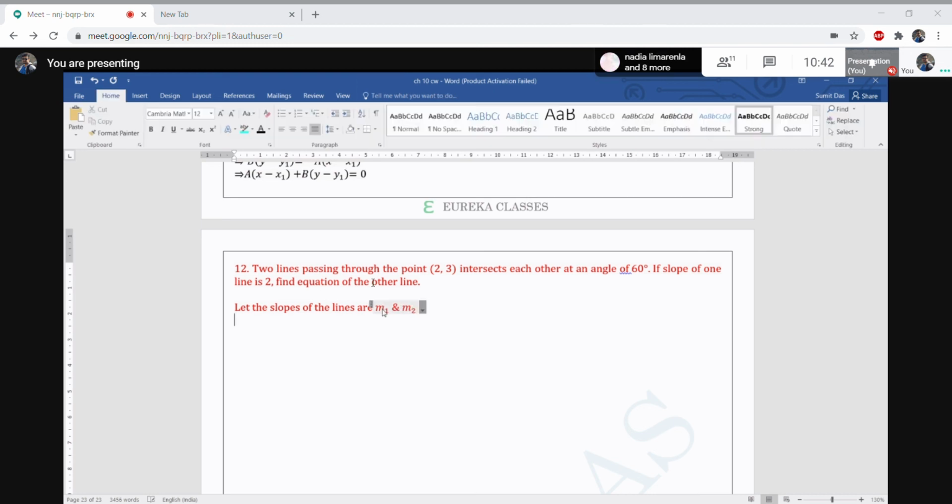Okay, so m1 is given, we have to find m2. Write down m1 is equal to 2.